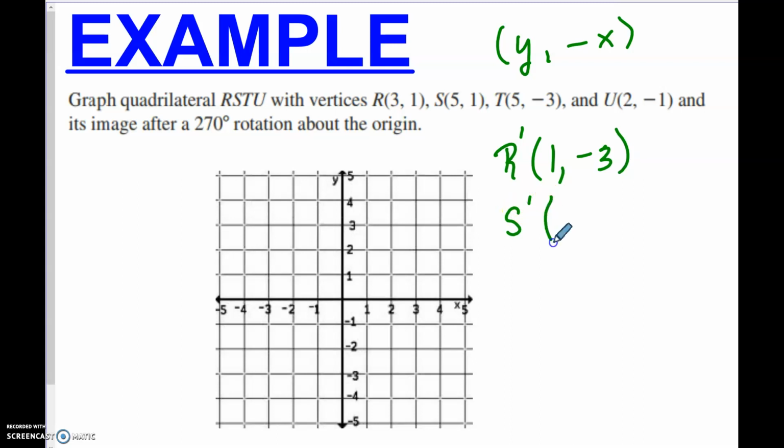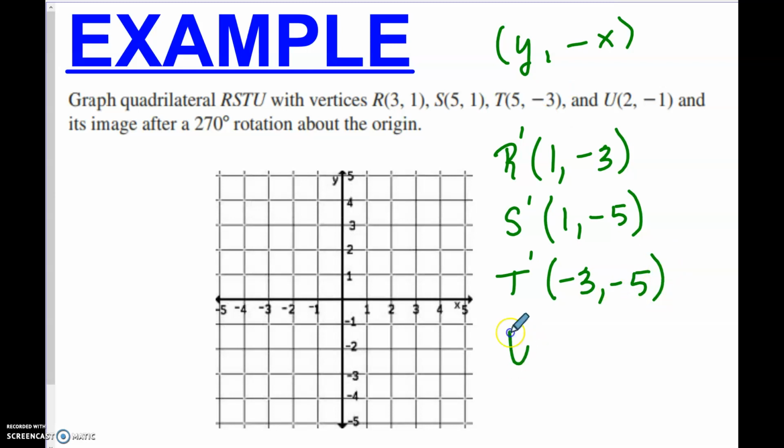S prime, what is S going to be? So I take that y value, bring it in front, and then the x switches signs. T prime is going to be, I take the y value in front, so the -3, and that's a 5, so now it becomes -5.